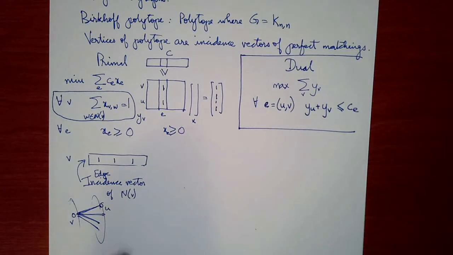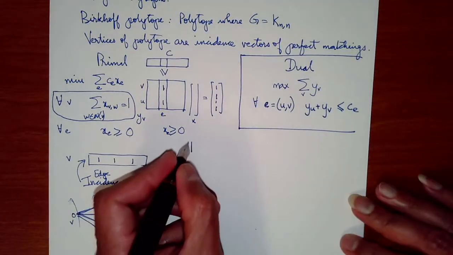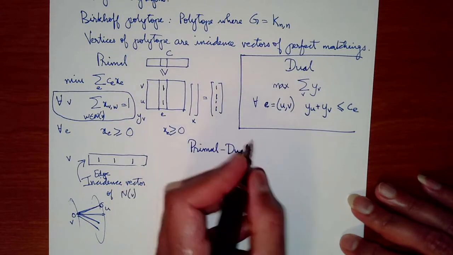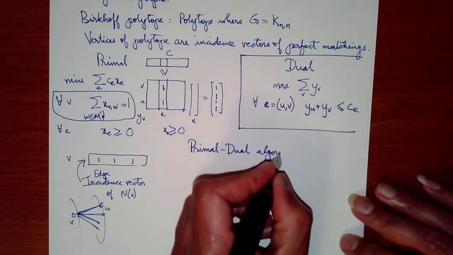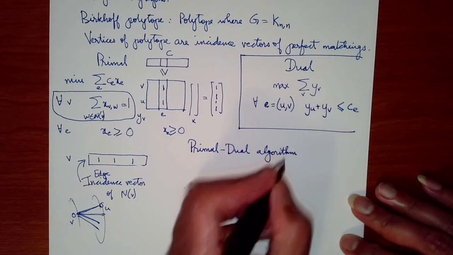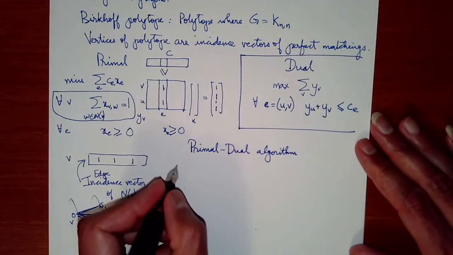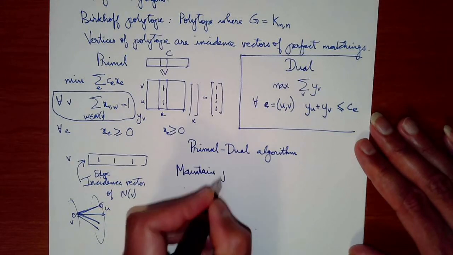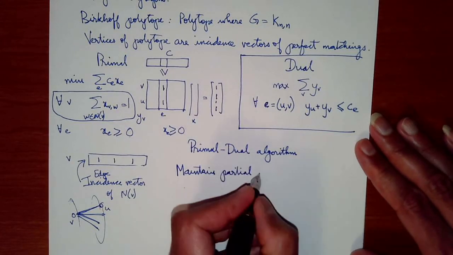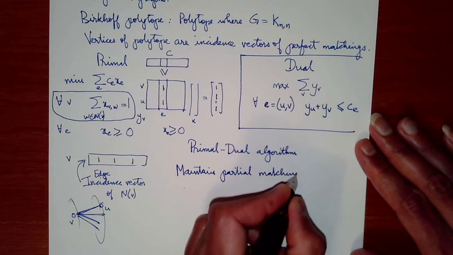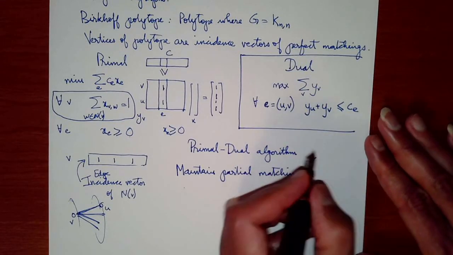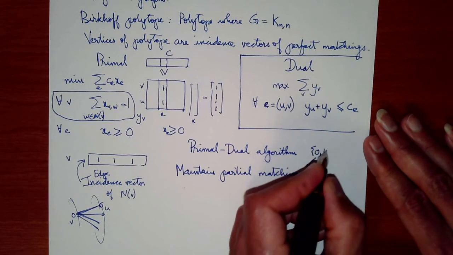All right. And so now let's construct our primal dual algorithm. So we maintain a partial matching that's given by x. So x is just going to have values in 0, 1.